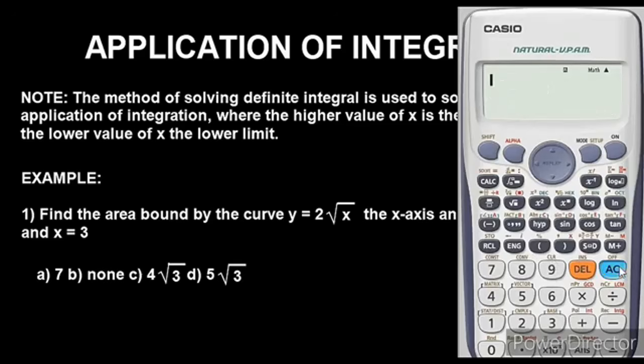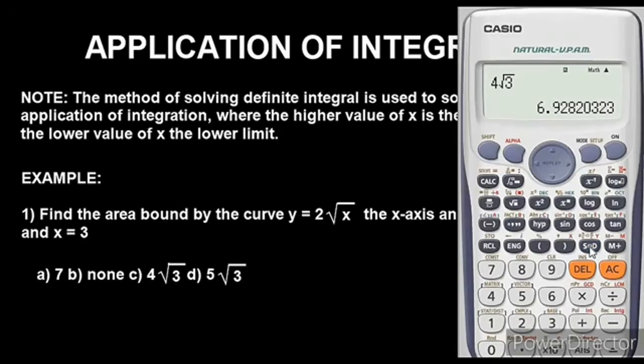So let's do it. We have there 4 root 3. So you change it to a decimal number. To do that, you press S to D. So we have 6.928.